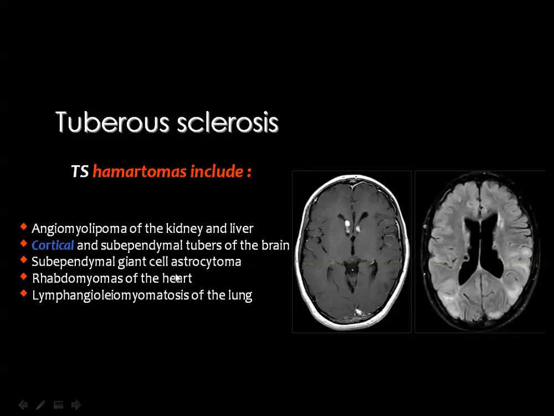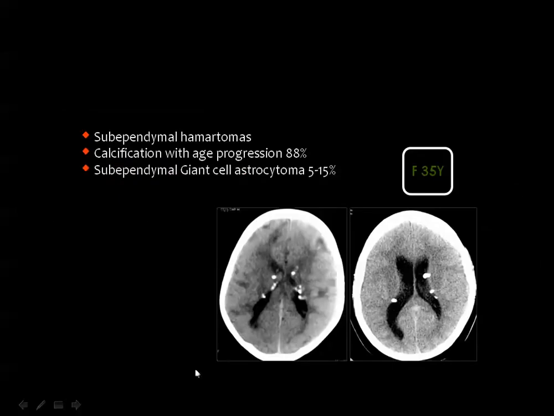And subependymal giant cell astrocytoma we mentioned now, rhabdomyomas of the heart, and lymphangioleiomyomatosis of the lung, and we will also give you an idea about this. And look at this patient with multiple periventricular foci of calcium scattered intimately related to the ventricular wall. This represents the hamartomas or the tumors of tuberous sclerosis. Calcification will progress with age, as I have said.